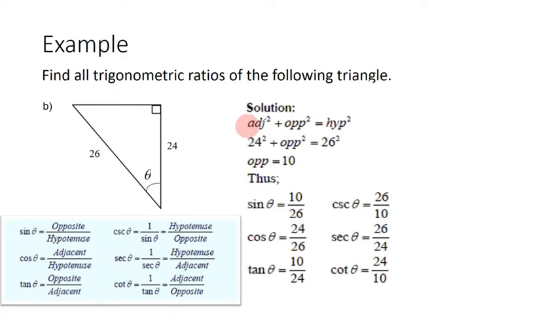So the formula is substituted using this value: 24 squared plus opposite squared equal to 26 squared. So we get the opposite value is equal to 10, and substitute in this formula to get all the trigonometric ratios.